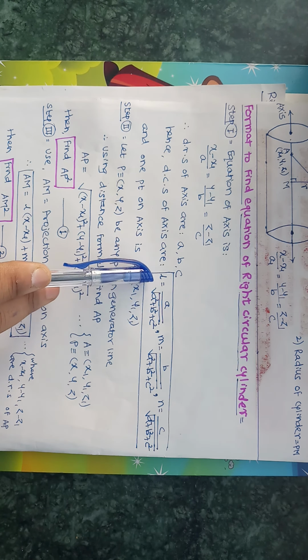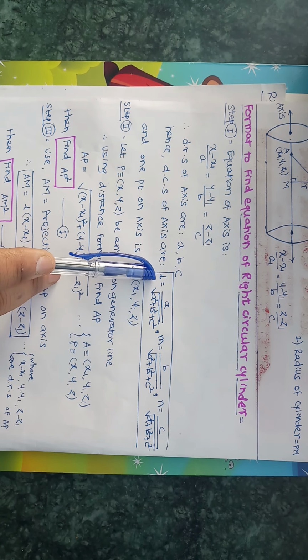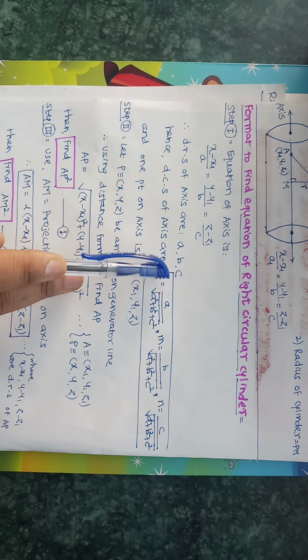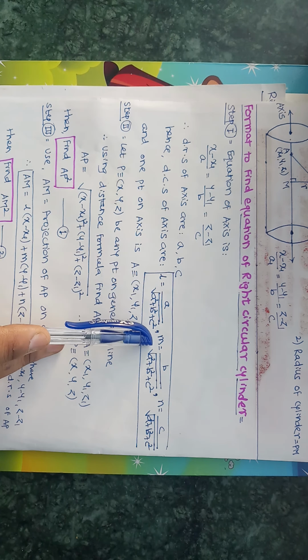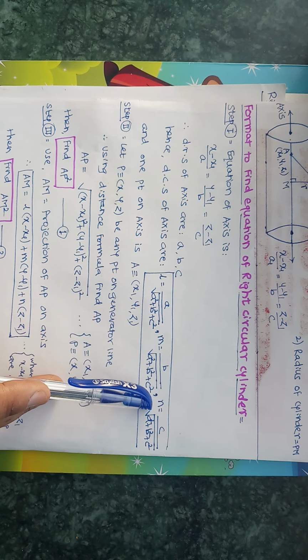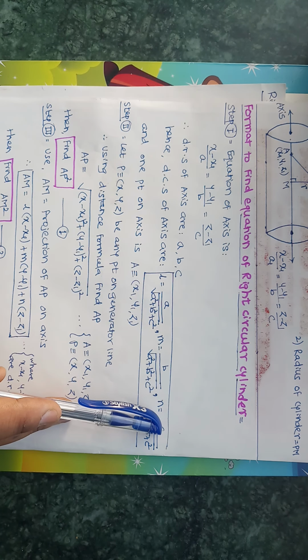Generally DCs are denoted by L, M, N and DRs are denoted by A, B, C. So write down DRs first. First DC is L, then first DR is A. Second DC is M, second DR is B, third DC is N, third DR is C, right?